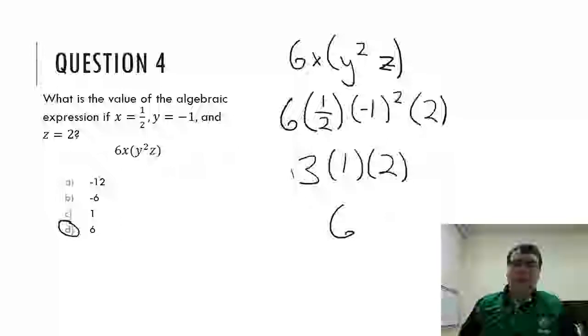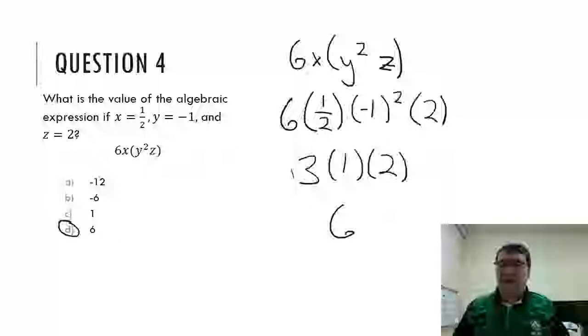And so I'm going to put in some values now, because I know the values of these variables. So I have 6 times, x was going to be 1/2, according to the problem. Now, the set of parentheses around the y squared z, since I'm multiplying everything here, I can technically drop those parentheses if needed.